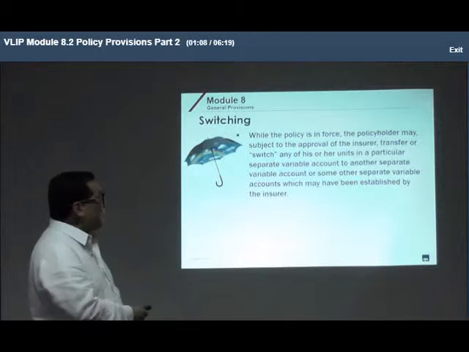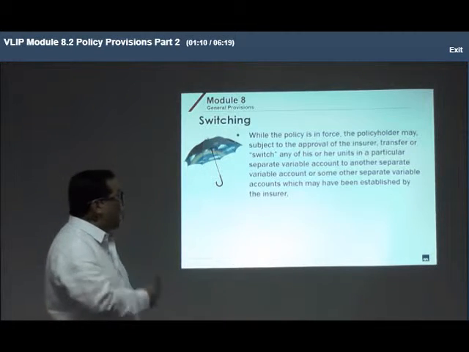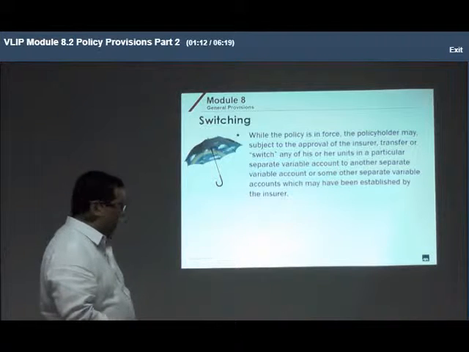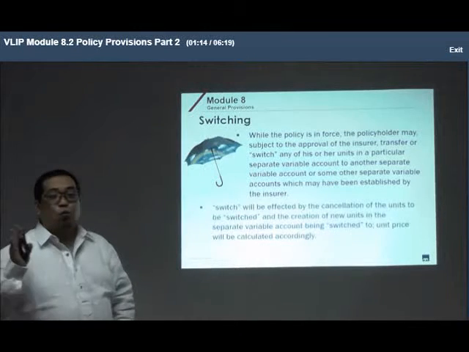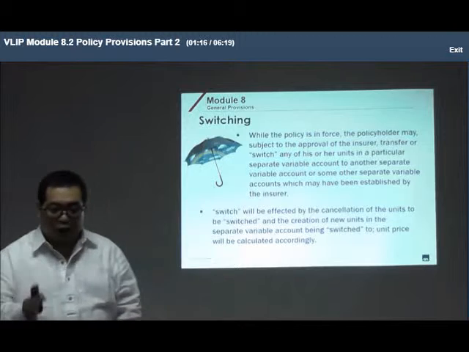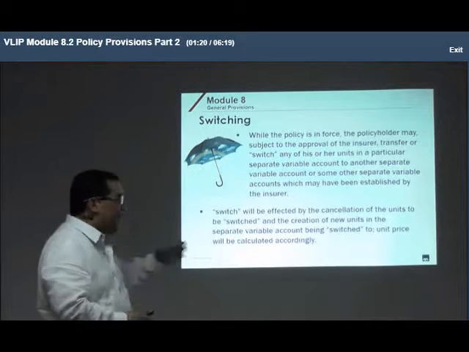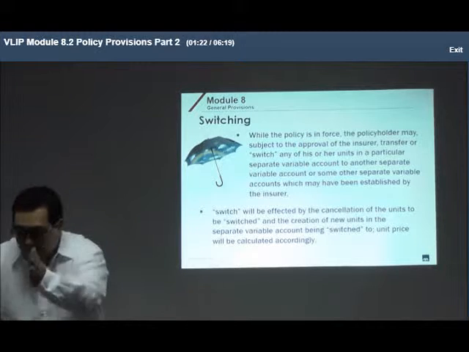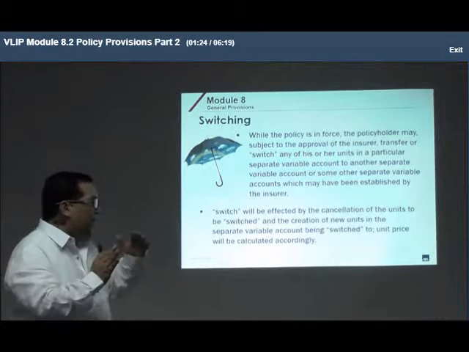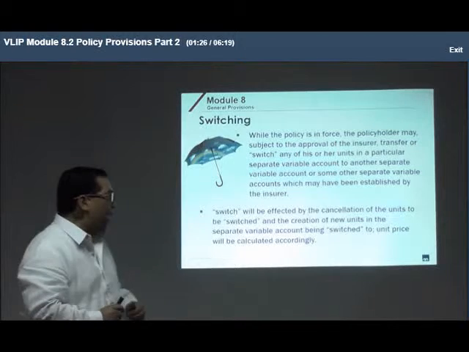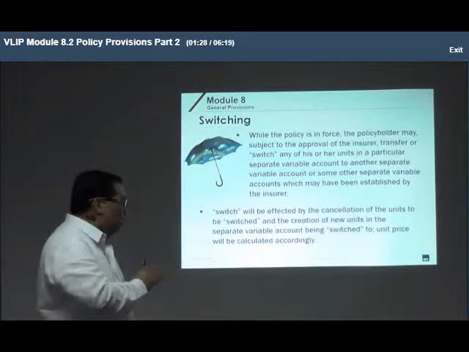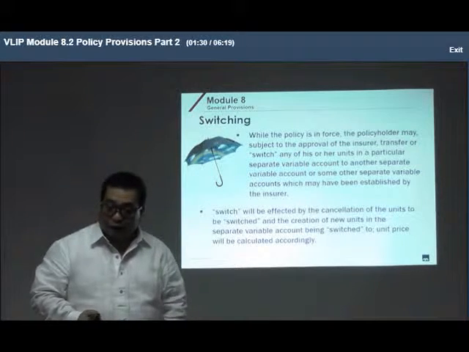However, this will be subject to the approval of the insurer or of the company. If the client wants to transfer or switch funds, the switch will be effected by the cancellation of units from the old fund and the creation of new units into the new fund. And the unit price will be calculated accordingly.